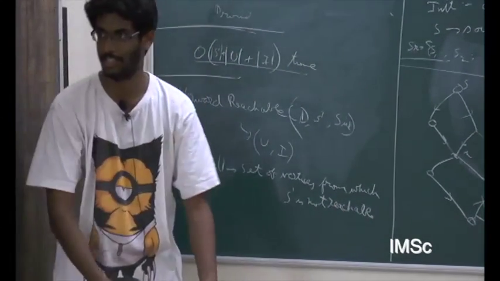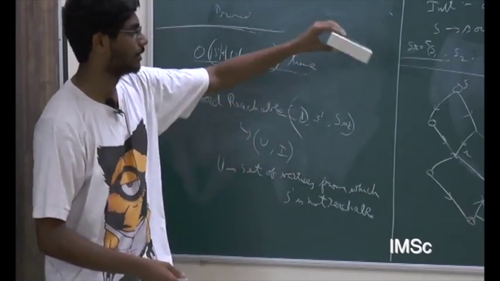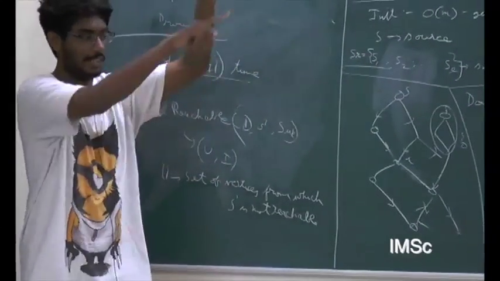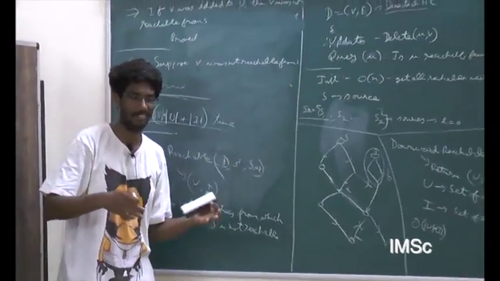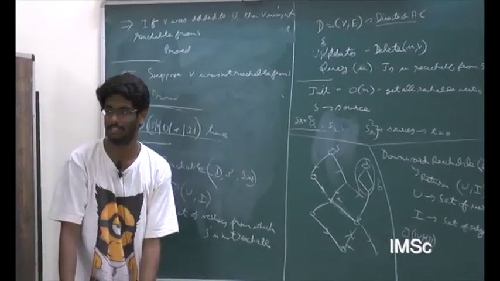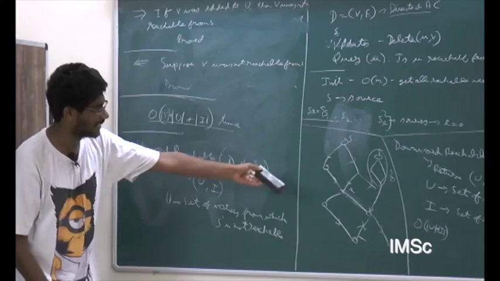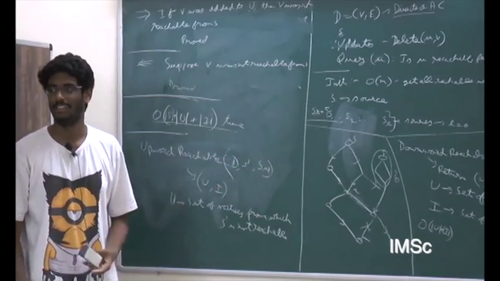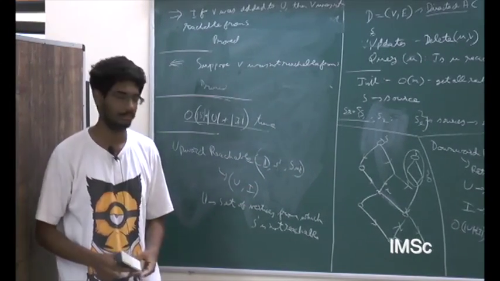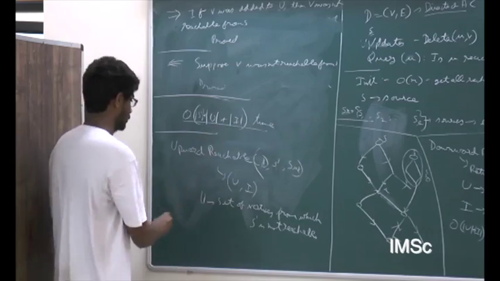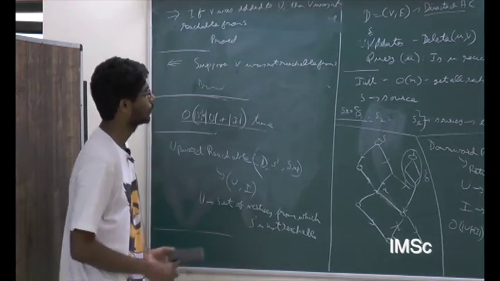So this downward reachability was S and all the set of vertices which were not reachable, and this is the set of vertices from which you can't reach this sink. So it's exactly the same. You do this in G R, and this can again be done in this much time.